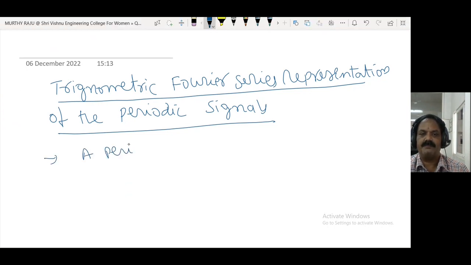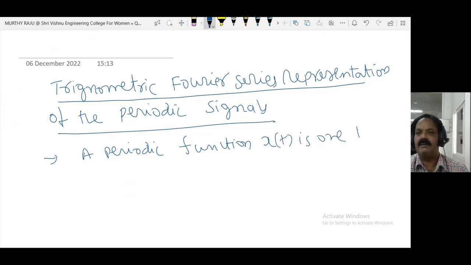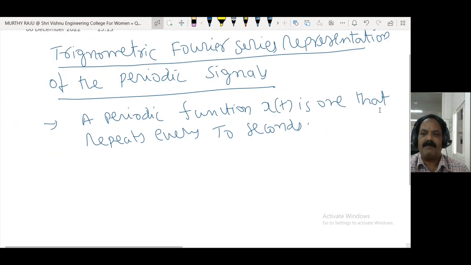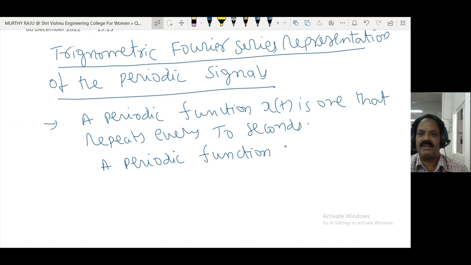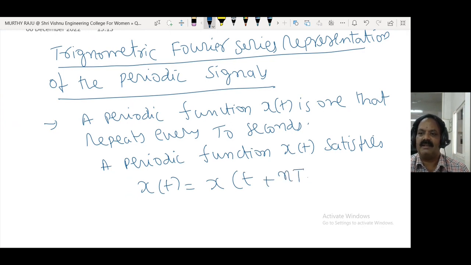Therefore, a periodic function x of t satisfies x of t is equal to x of t plus nT.